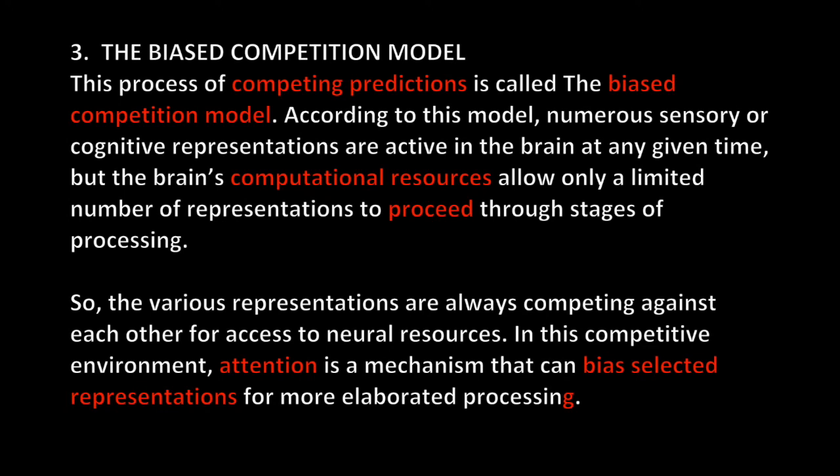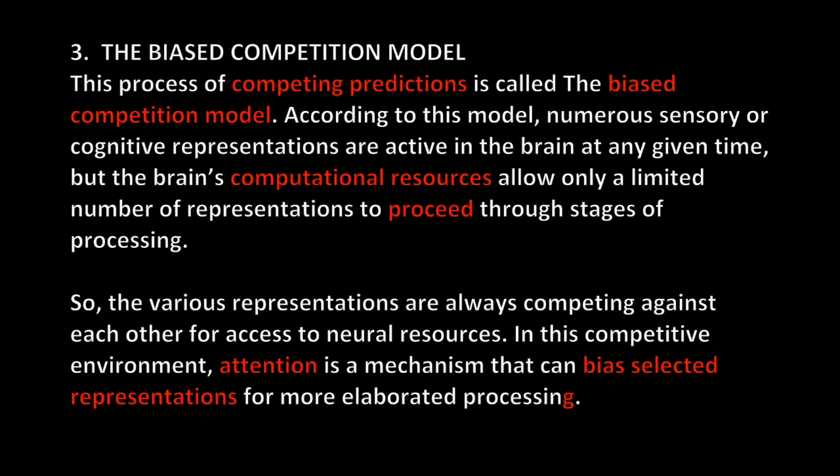Third, this process of competing predictions is called biased competition. According to this model, numerous sensory or cognitive representations are active in the brain at any given time, but the brain's computational resources only let a limited number of representations proceed through the stages of processing. So what that means is even when you're sleeping, all this processing is going on, and the thalamus, by opening up its attention, allows representations through to you.